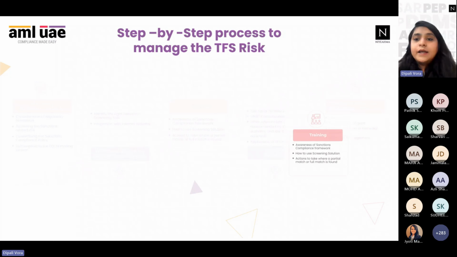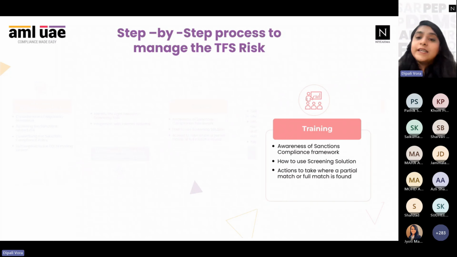Once we have done that, we will make sure that the employees handling the screening work, customer onboarding, or KYC of the new customers we onboard are trained on how to use the software, what to do when matches come up, how to negate the matches, and if there is any true match, how to act on it, under what category it is coming, and what compliance is required.